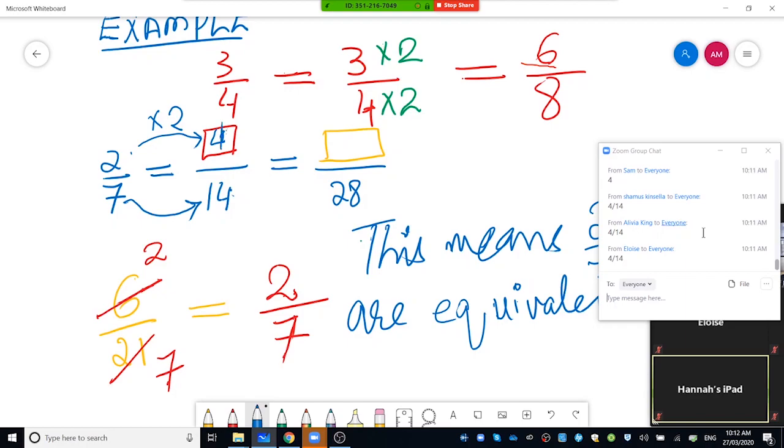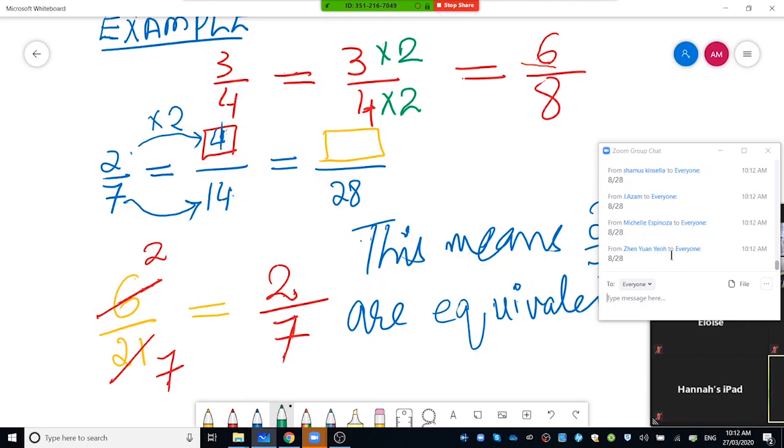Can you now let me know what we have in this yellow box, if it is an equivalent fraction? I would wait for the answer. Very nice.